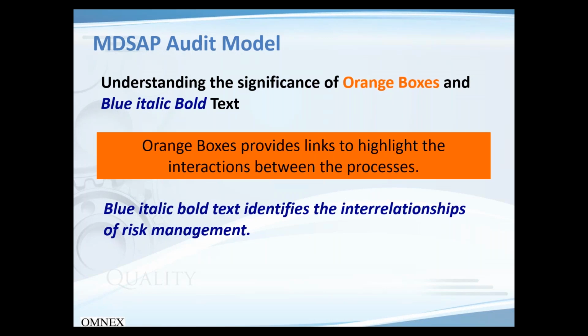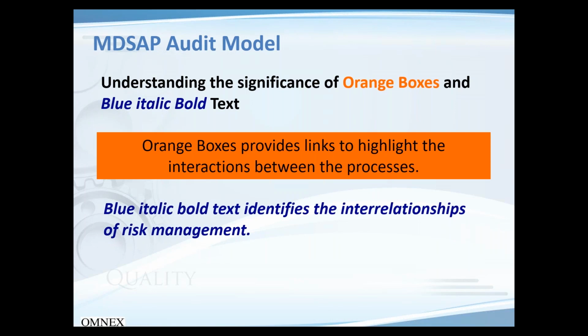Almost all of the 90 tasks have an orange box in the MDSAP audit model, which shows what the other process links are.